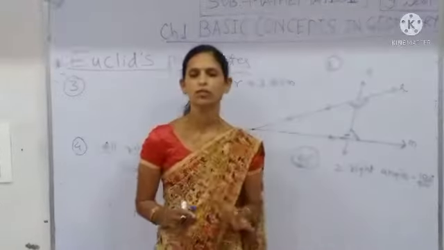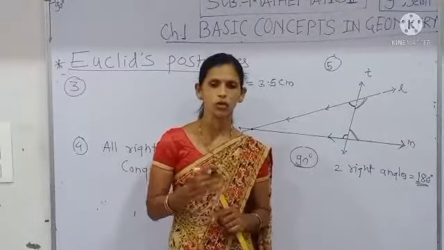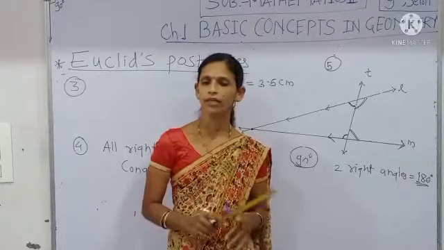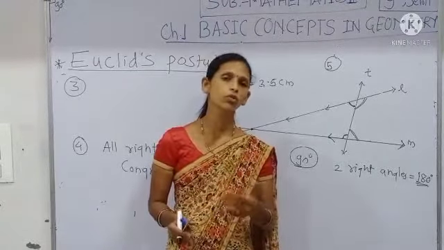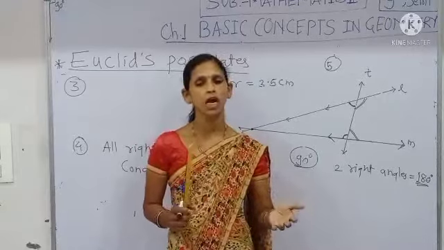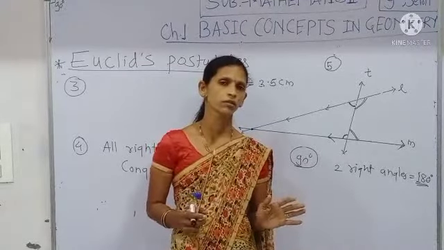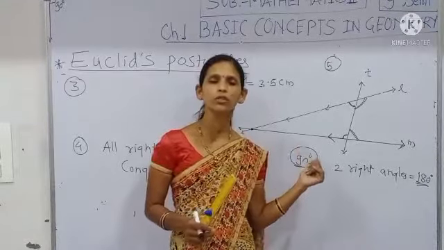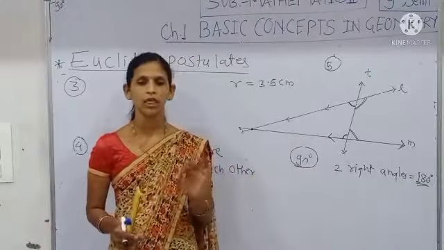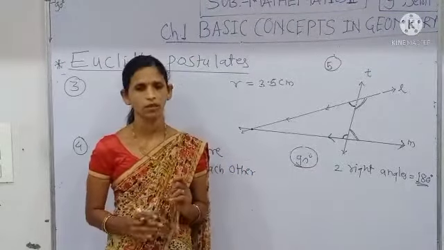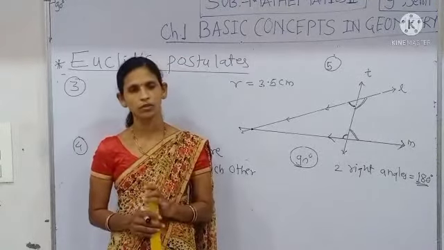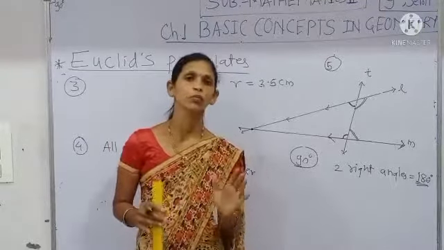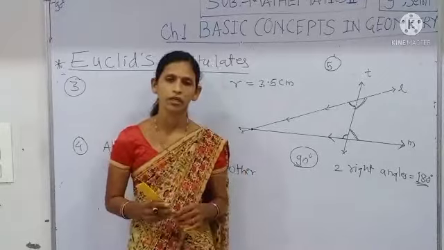Those are the five postulates given by Euclid, and we can use those postulates to prove a few more properties. Those properties proved using postulates are called theorems. The logical concept used to prove the theorem is called proof.